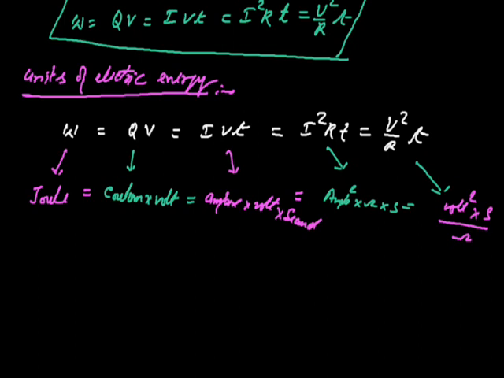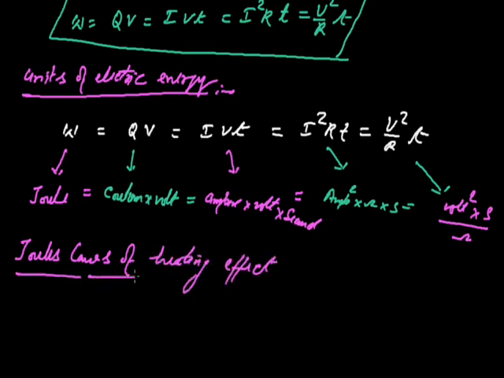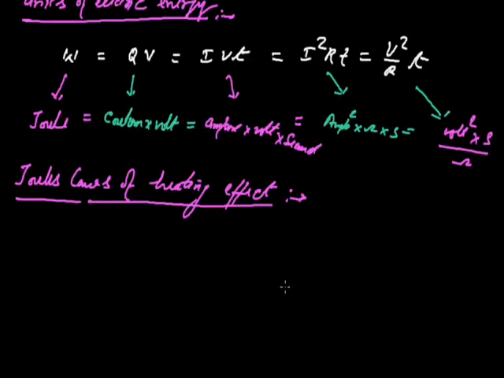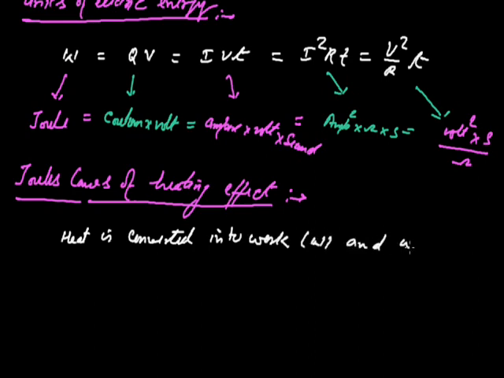Now Joule's law of heating effect. According to Joule, heat is converted into work and work is converted into heat. If W is the work done with the help of heat H, heat is converted into work and work is converted into heat.